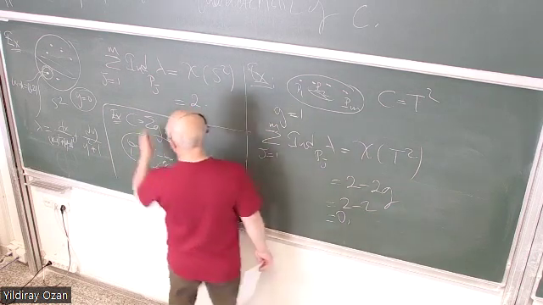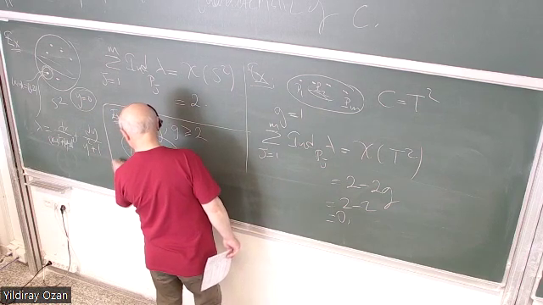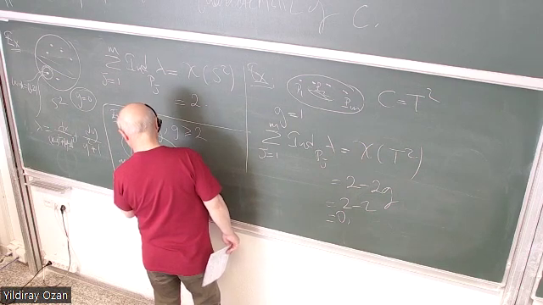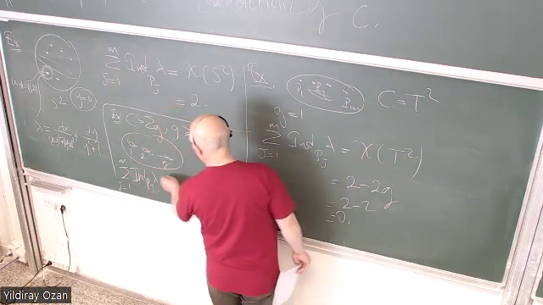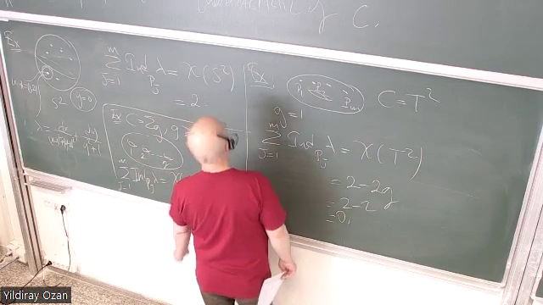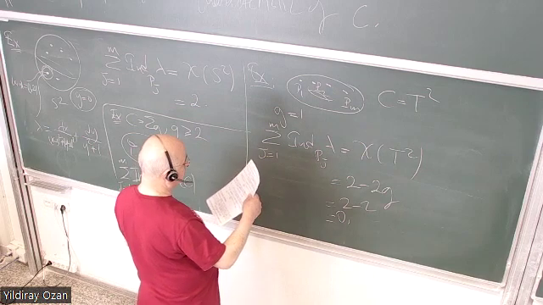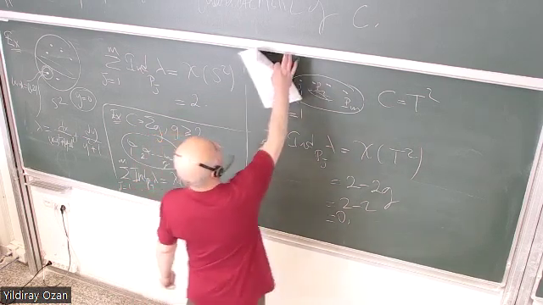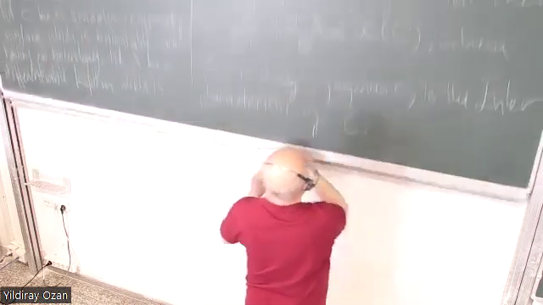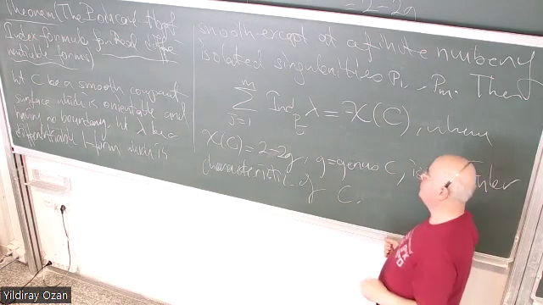Then the sum of the indices is just the Euler characteristic. By the way, I wrote the theorem wrongly. I am sorry. This is negative Euler characteristic. I'm sorry.